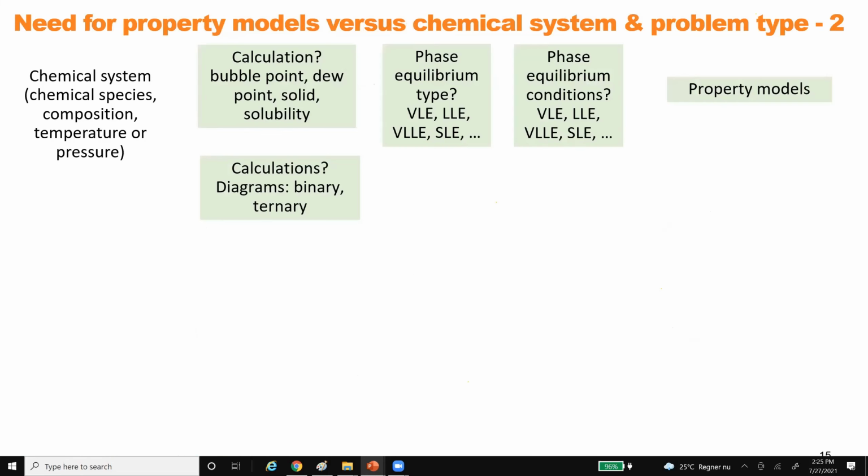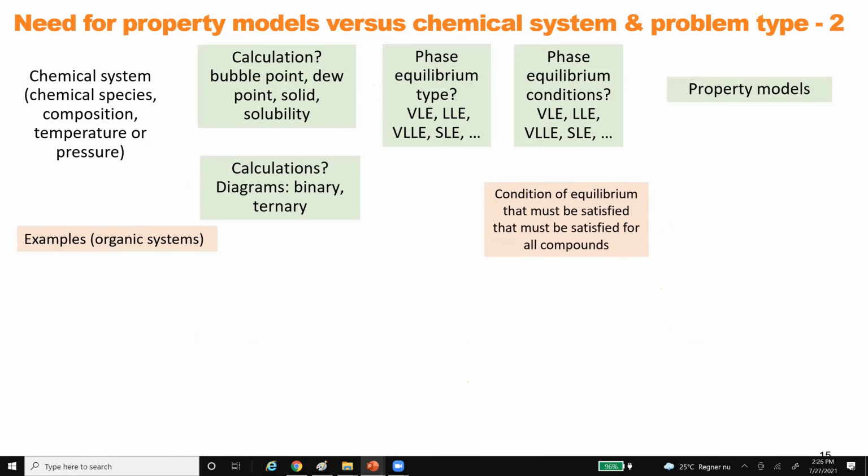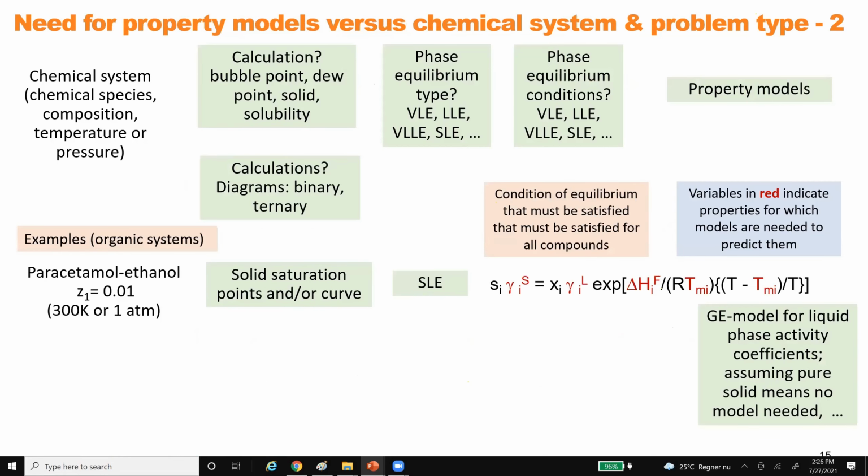So now let's look at other examples. Now we are talking about a big, large molecule, paracetamol, whose chemical name is acetaminophen, with ethanol. Ethanol is the solvent, and we want to know at what condition paracetamol will start to crystallize out. The condition for equilibrium you can see on the equation.